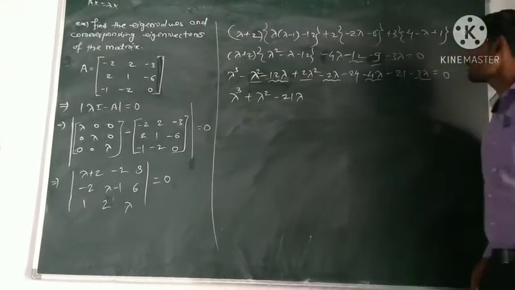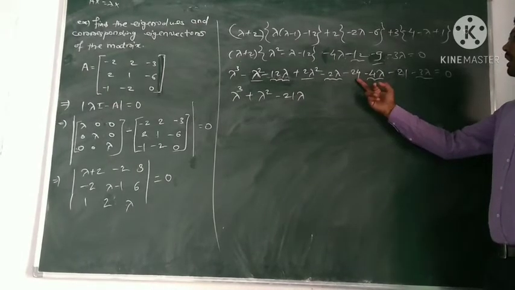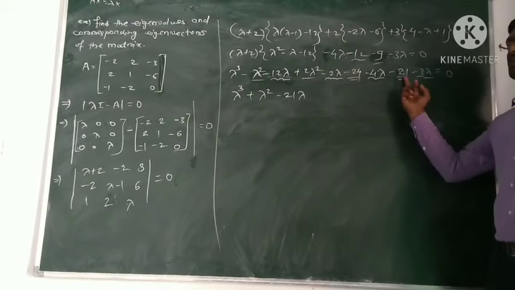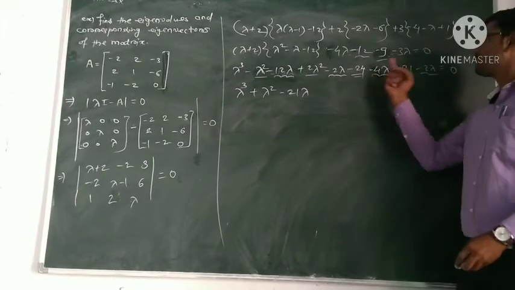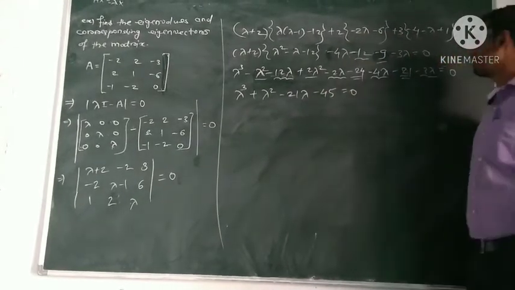And at last this is minus 24 and minus 21, so minus 45. So minus 45 equal to 0.